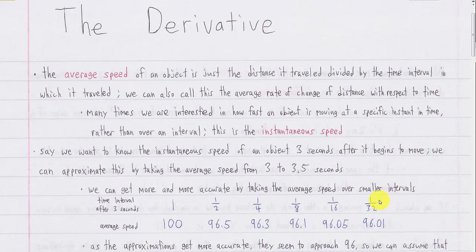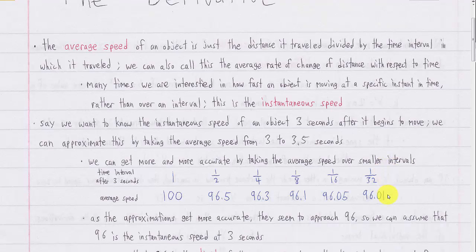Because if we keep taking the average speed over a very short interval, say we took it from 3 to 3 and 1/1000 seconds, then that's going to be almost exactly the same as the instantaneous speed at 3 seconds. So we can assume that if we keep taking shorter intervals, the average speeds will just get closer and closer to 96. So this leads us to believe that the instantaneous speed of the object at 3 seconds is 96.